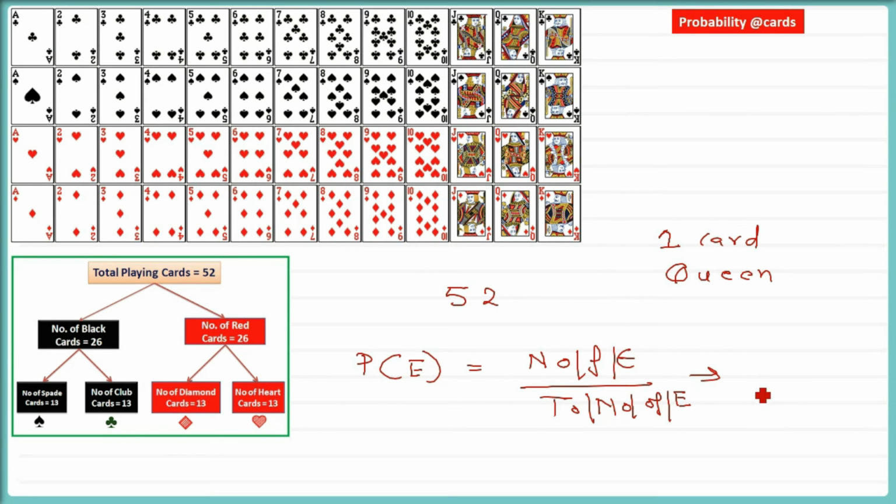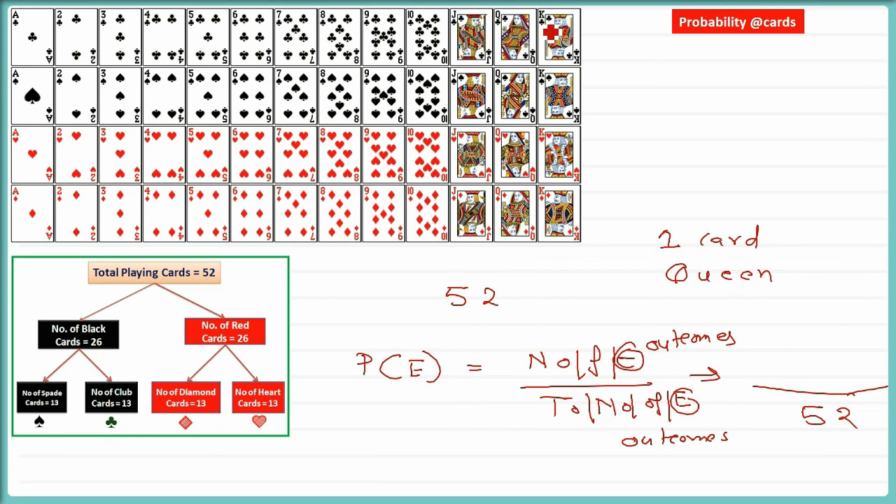In all these 52 cards, you can pick one card. So the total number of outcomes can be 52. Number of favorable outcomes divided by total number of outcomes. Any of the cards you can pick. But what is our favorable event?